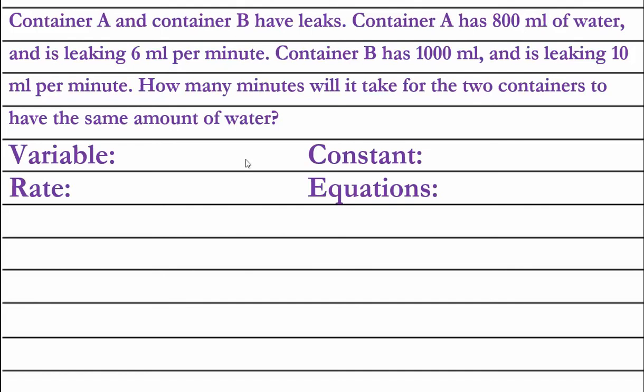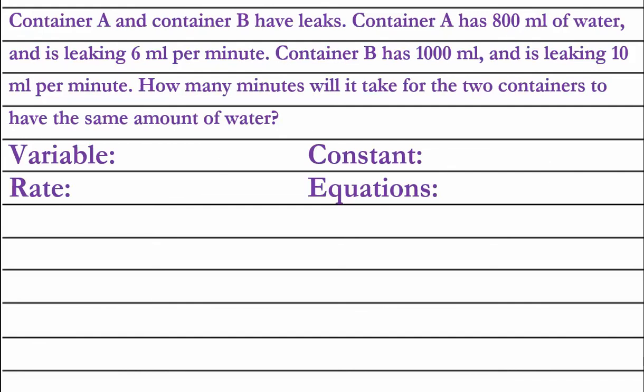All right, for this last problem we're going to look at with regards to context. So we've got container A and B have leaks. Container A starts off as 800 milliliters and is leaking at 6 milliliters per minute. So let's pause and let's just figure out right there things that we have. First off, we're starting with an amount. That's an initial amount, 800 milliliters.